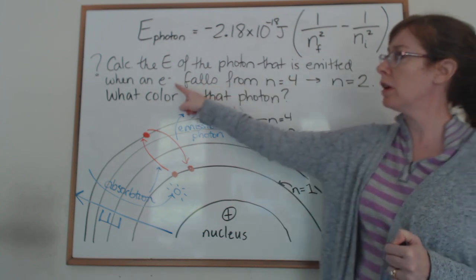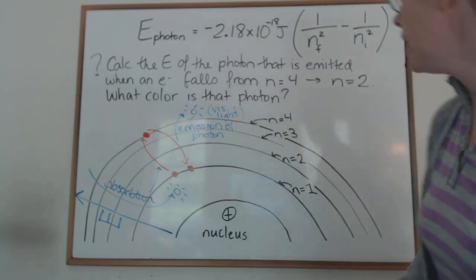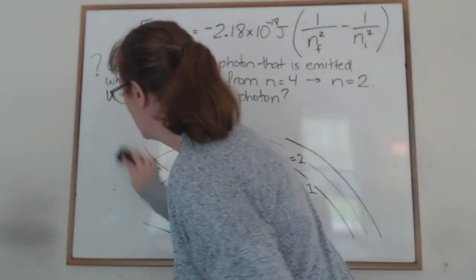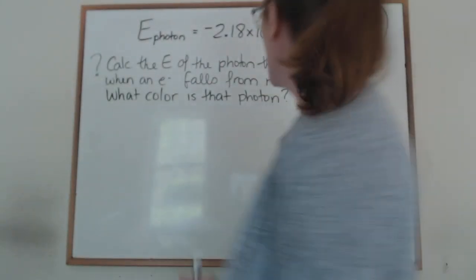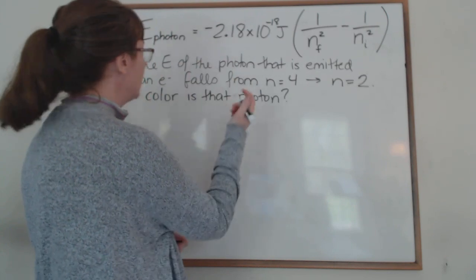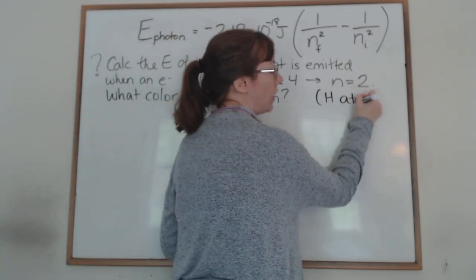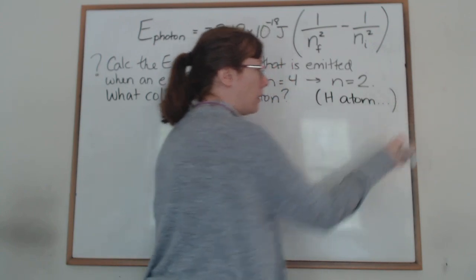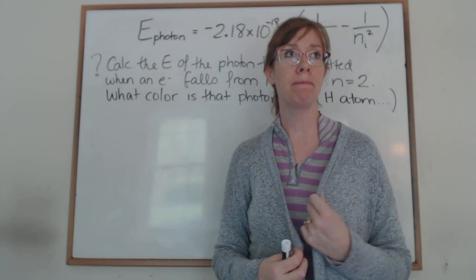That's why I chose the word emitted. So let's go ahead. I'm going to erase my Bohr model. Let's see if we can calculate this. Oh, and by the way, I'm kind of leaving out this detail, but this is always from a hydrogen atom. Once you have multiple electrons, things get more dicey.